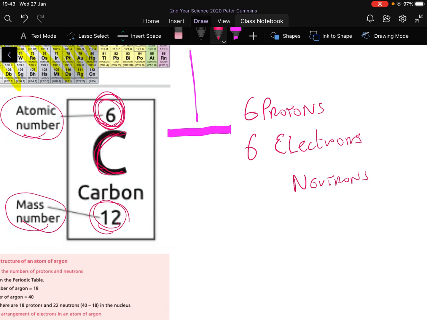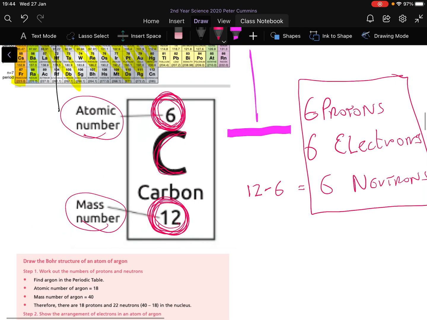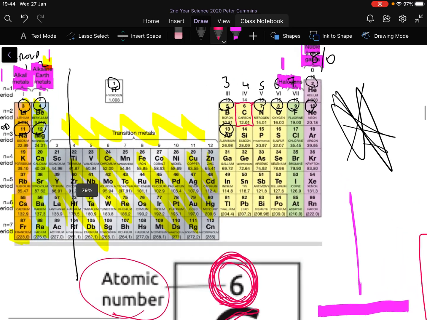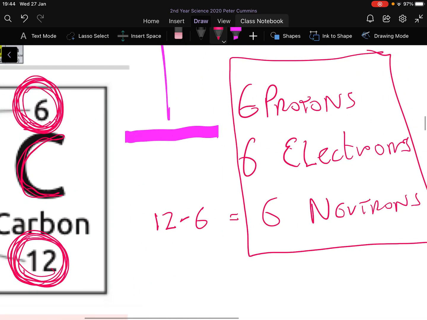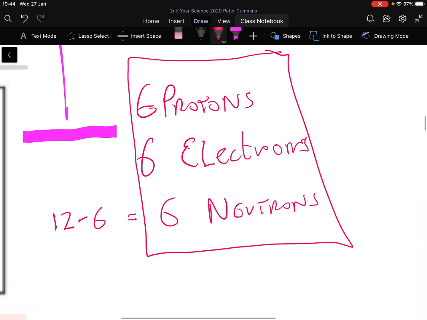And the way you find out neutrons is you take the big number and minus the small number away from it. So basically carbon is going to have 12 minus 6, which is equal to 6 neutrons. So there are 3 things that we can pull out of any square on the periodic table. Doesn't matter which one, I can pull them down like that, and I can work out these 3 like this.